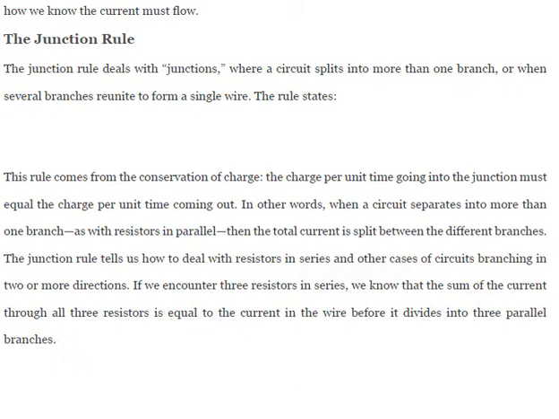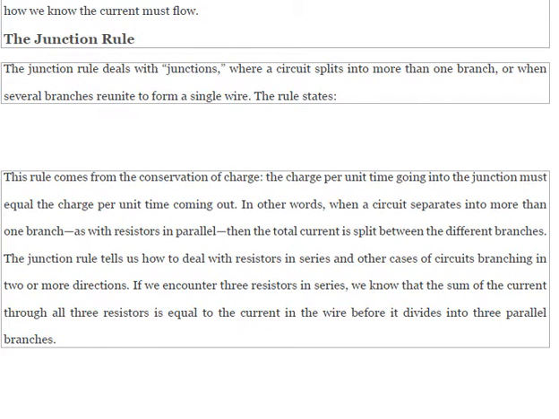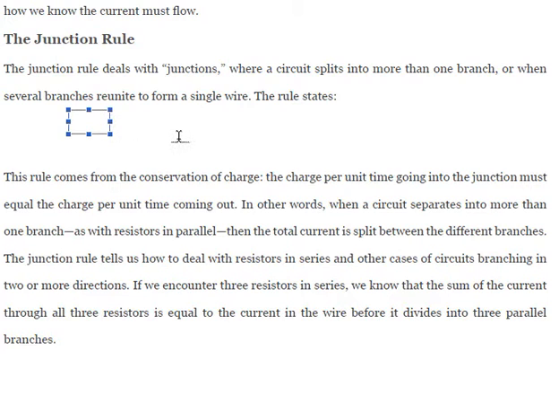So the first rule, the junction rule. The junction rule says that any current you have going into a junction has to equal the current coming out.